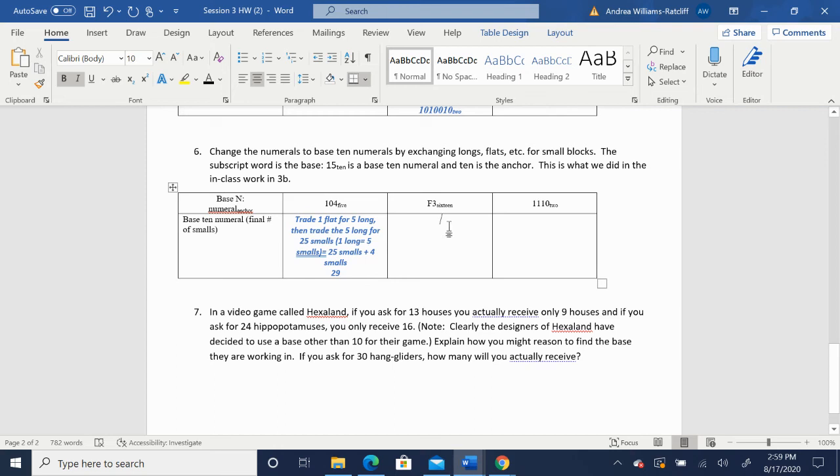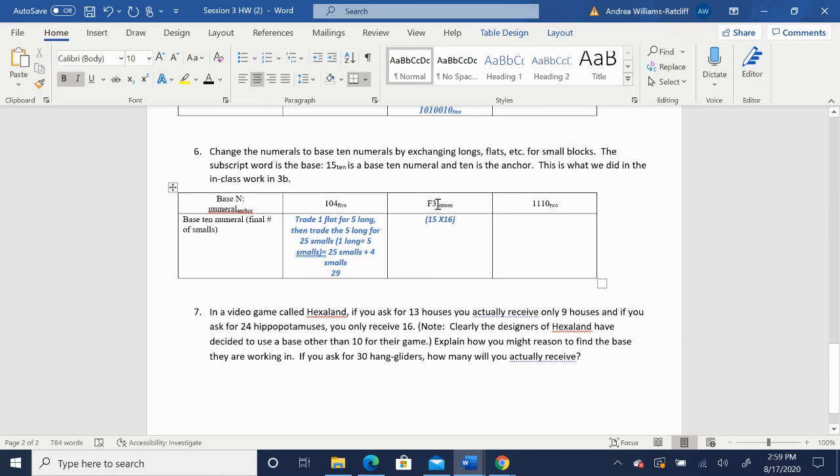Okay, let's move on. F3. All right, if we start counting with A as 10, B as 11, C as 12, D as 13, E as 14, F as 15, what I know by that F is that I have 15 16s, because remember, this is counting the number of 16s.